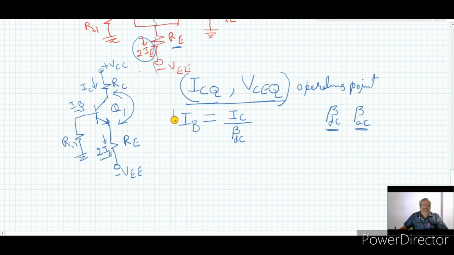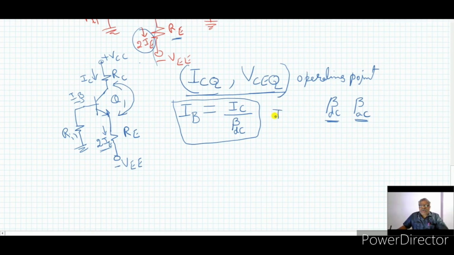So we use this relation during the analysis for finding the expressions for ICQ and VCEQ. So IB is equal to IC by beta DC. This expression we use. And as an approximation, IC is almost equal to IE. This is also used at the end, if required.